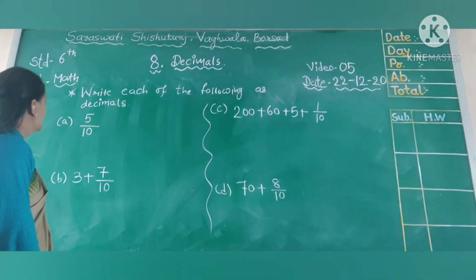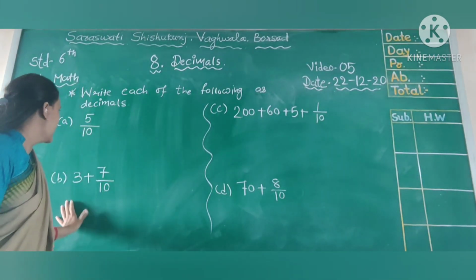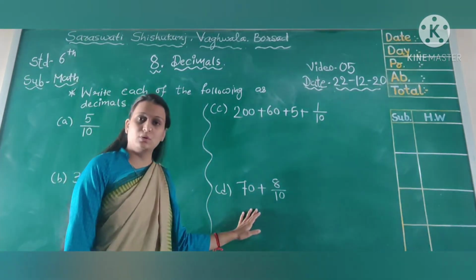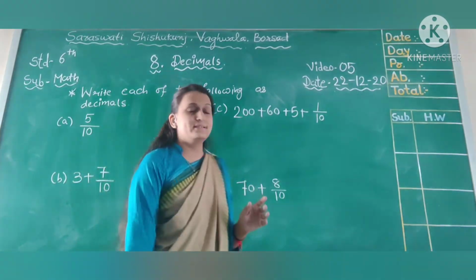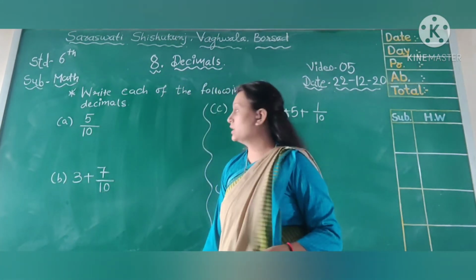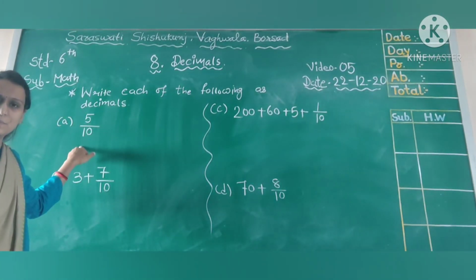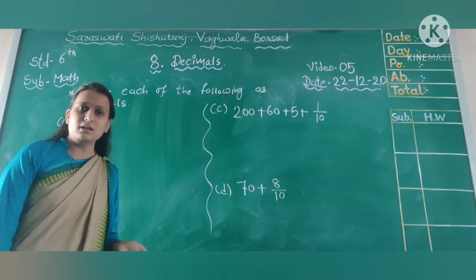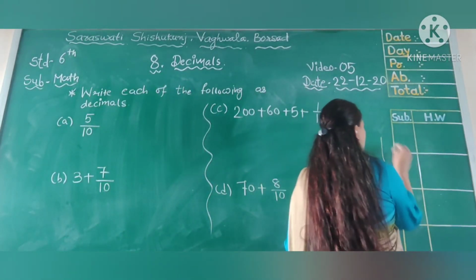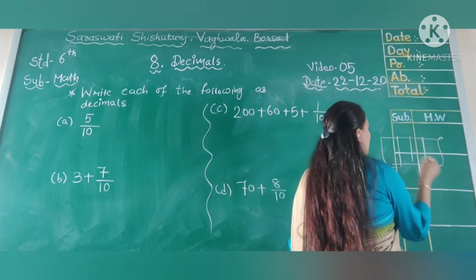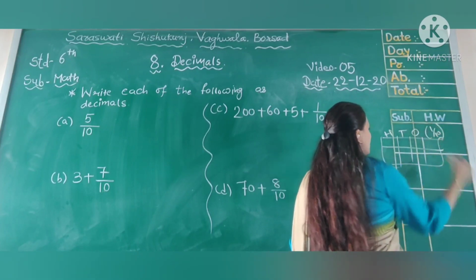Here we have a new question: write each of the following as decimals. See, here we have been given different numbers. These are all not in decimal form, so we have to use decimal numbers to represent them. The first number is 5 upon 10. What is the meaning of 5 upon 10? 5 is at the tenths place. We first understand that the place values are 1, 10, 100, and this is 1 upon 10, the tenths.